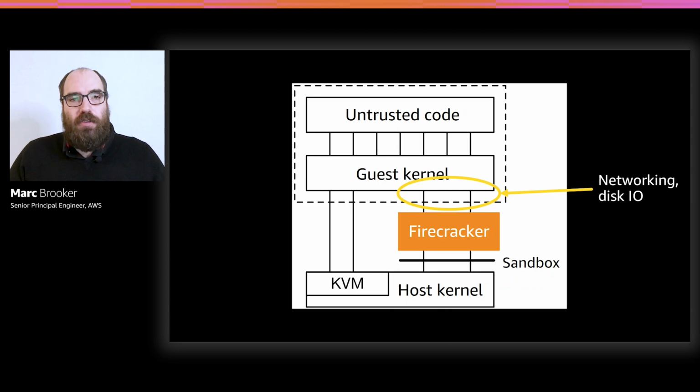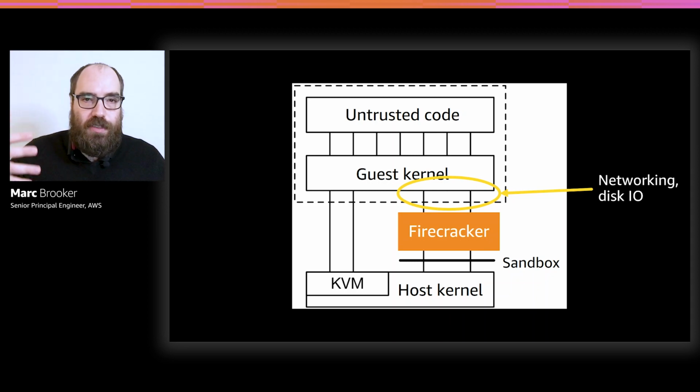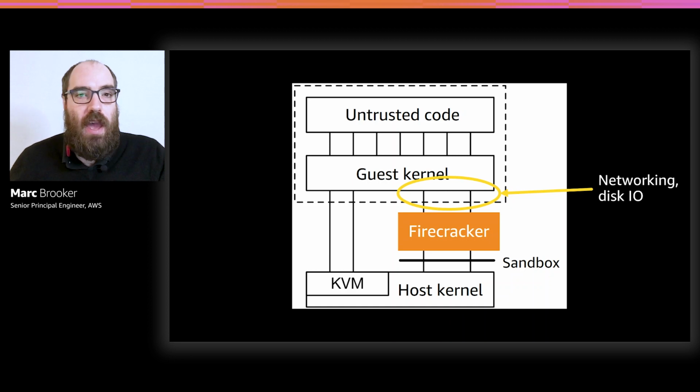And the Firecracker process takes the packets and the IOs and all of these other things that are sent by the guest process. It sanitizes them and makes sure that they're in the right places. It makes sure they're going to the right places. And then it passes them on to the host kernel as send this packet, receive a packet, write a block, read a block, and so on.